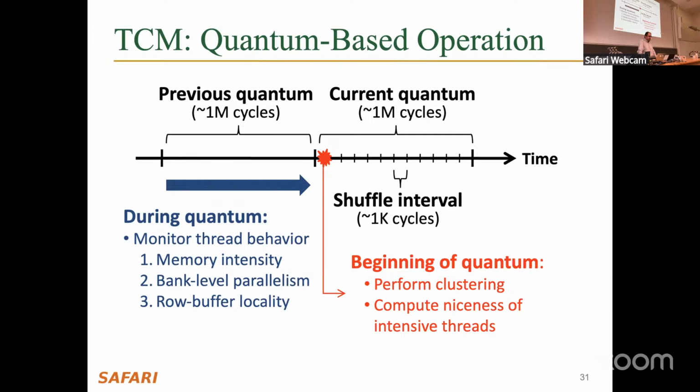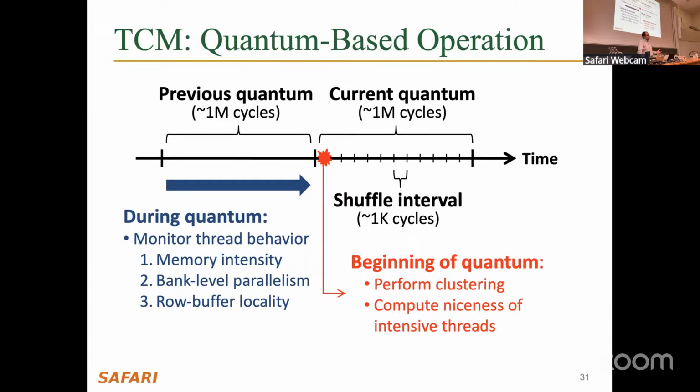You can also think of reducing the quantum time. Now we are making a decision for 1 million cycles, which means that if your decision is correct, you are going to be in a happy phase. For 1 million cycles, you don't need to do a lot of decisioning, you're just scheduling based on the decision you have made.